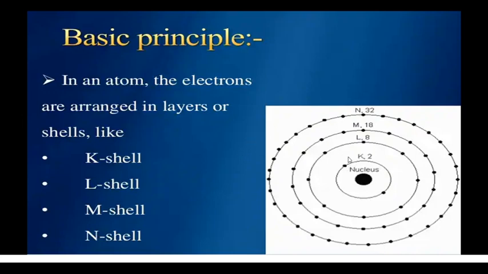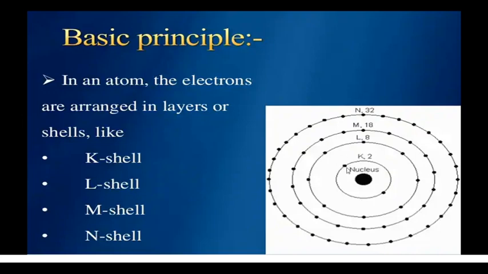So what happens to the inner shell? There occurs a vacancy of electron, isn't it? And this vacancy is filled by the electrons in the higher shells. Think that from the K shell an electron is ejected on getting energy by the bombardment of an electron. So there is a vacancy in the K shell.